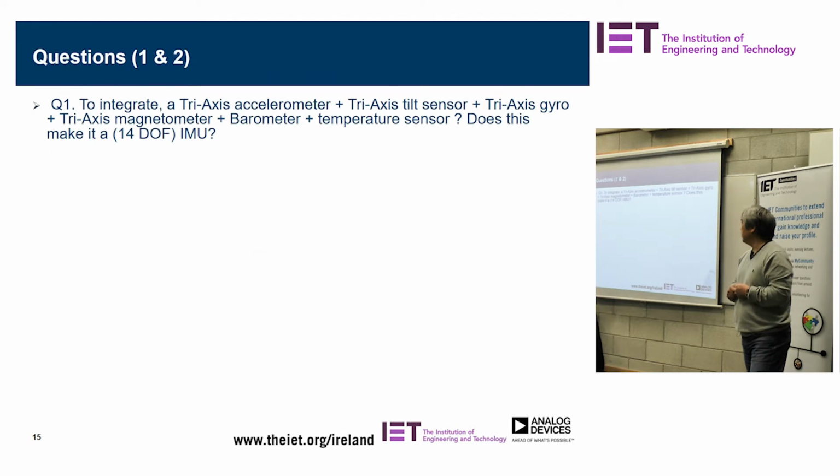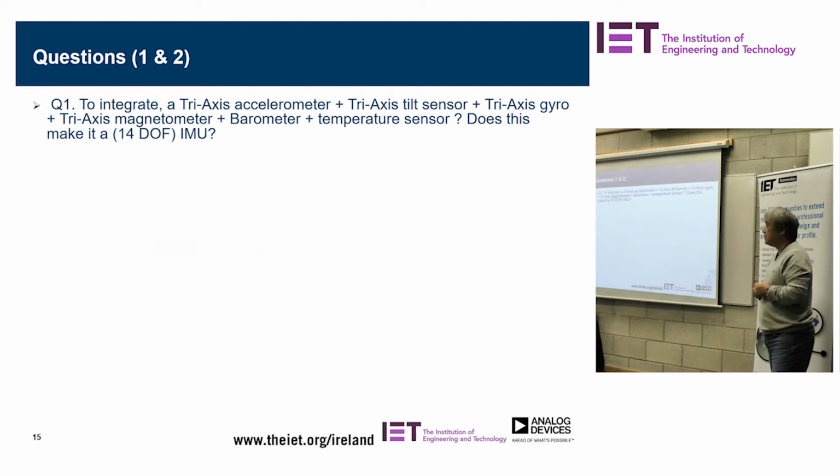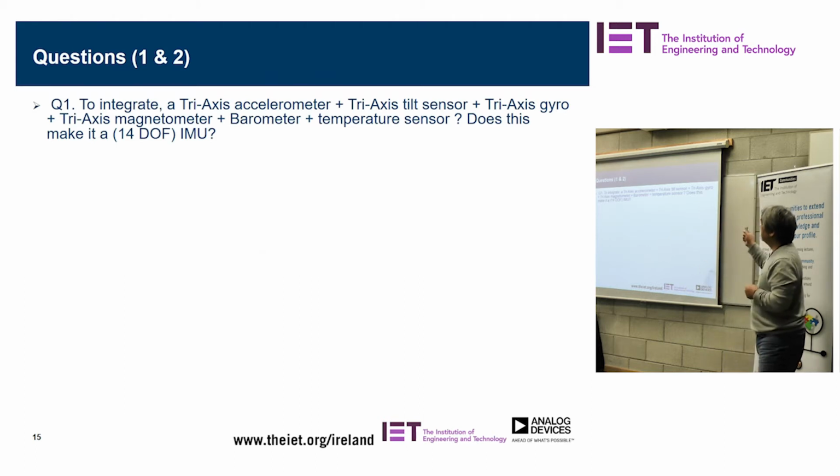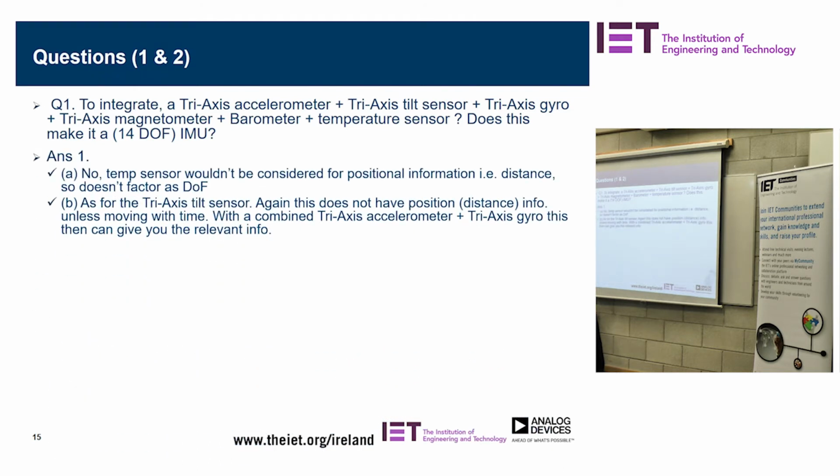Okay, so here's one of the questions. Question one: if you integrate a tri-axis accelerometer and a tri-axis tilt sensor, plus a tri-axis gyro, plus a tri-axis magnetometer, plus a barometer, plus a temperature sensor, does that give you a 14 degrees of freedom IMU? The answer is no, because temperature does not consider positioning.